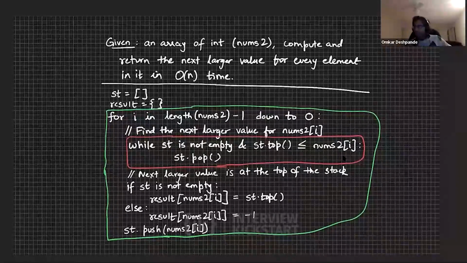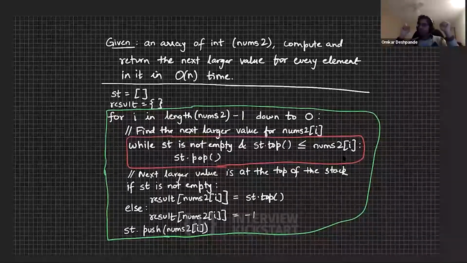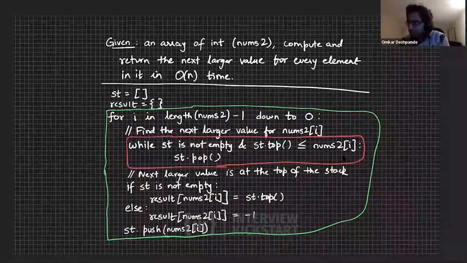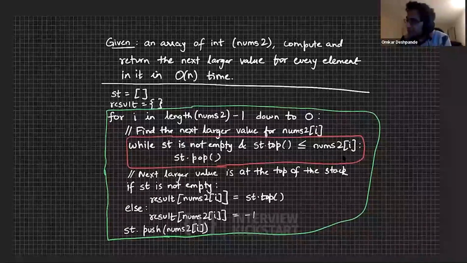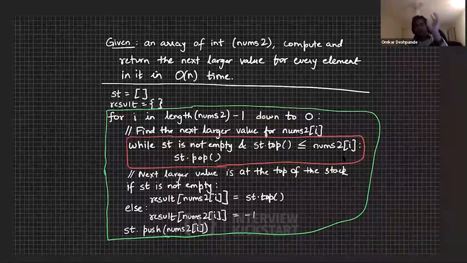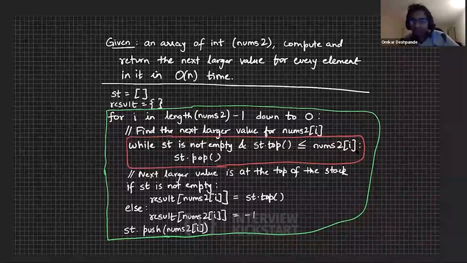Yeah, the thing is, the array has unique integers. Oh, unique. Okay, in that case, yeah. Let me add that also. All the integers are unique. So that means for every value that you see in the array, there's a unique next larger value. Okay, yeah, thanks.